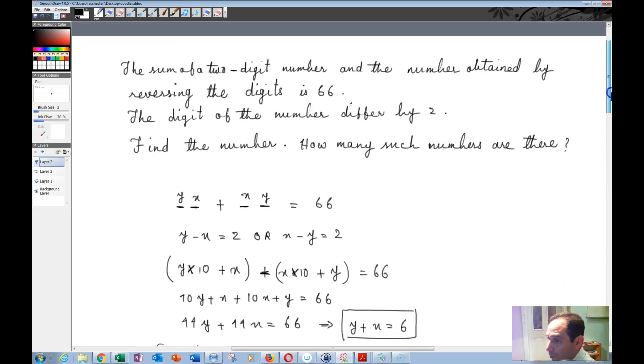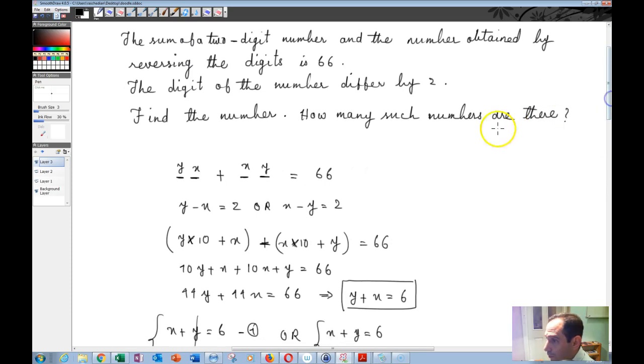So here we get two cases, or two numbers basically. Either x is equal to 2 and y is equal to 4, or x is equal to 4 and y is equal to 2. In this case the number becomes yx, which is 42, and in this case the number becomes 24.